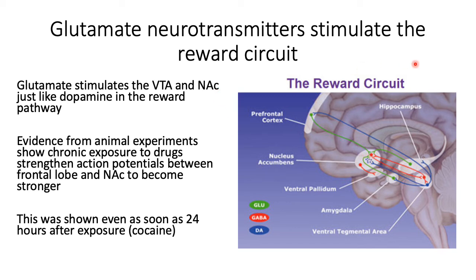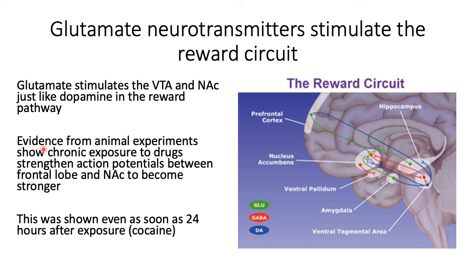There's also a connection to the limbic system and whatnot. Interestingly, glutamate is also found in that section, and it stimulates feelings of pleasure, just like dopamine does. And if you remember, glutamate is an excitatory neurotransmitter, meaning that it stimulates and excites neurons. That also means that they fire more frequently.